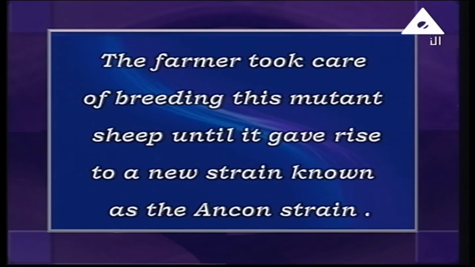The farmer took care of breeding these mutant sheep until it gave rise to a new strain known as the Ancon strain. He gave it this name as a kind of desirable trait, since it doesn't have any ability to jump over the fence and damage the crops.